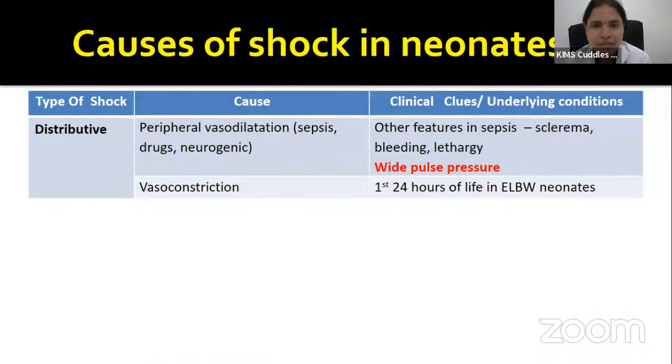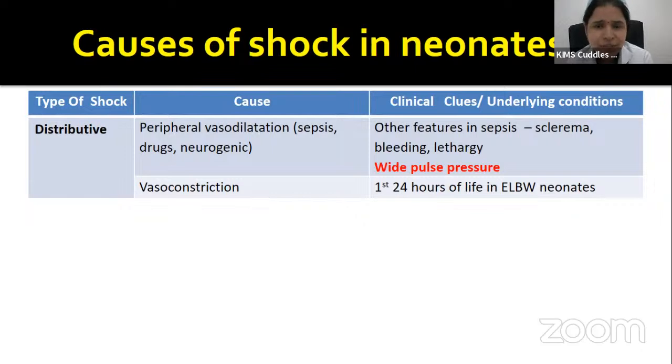So this classically goes into distributive shock, where there is abnormal vasomotor tone regulation leading to abnormal systemic vascular resistance, where excessive vasoconstriction can lead to high SVR and excessive vasodilatation can lead to decreased SVR. So peripheral vasodilatation, as can be seen in the cytokine storm phase of sepsis or associated with vasodilatory drugs or neurogenic shock, can be seen manifesting with low diastolic blood pressures.